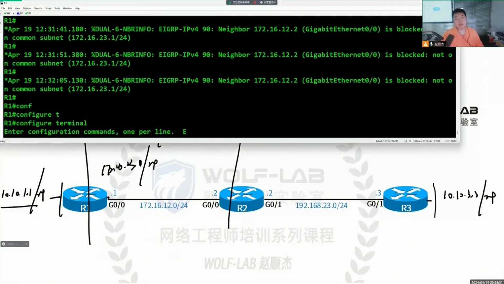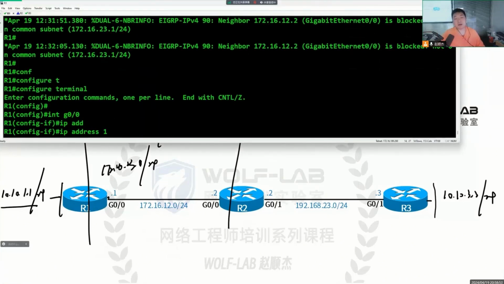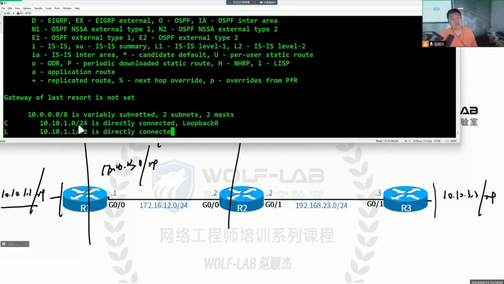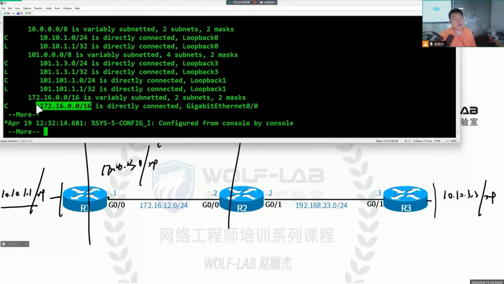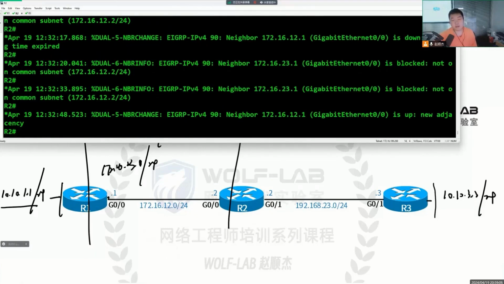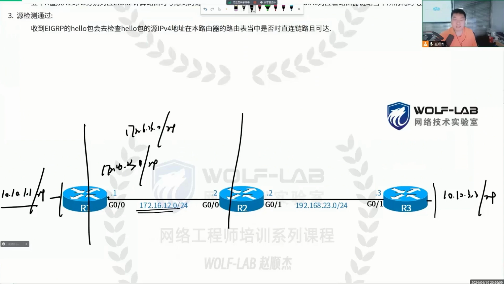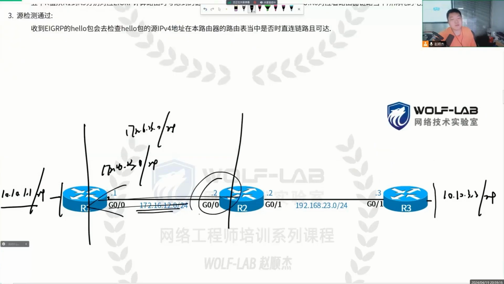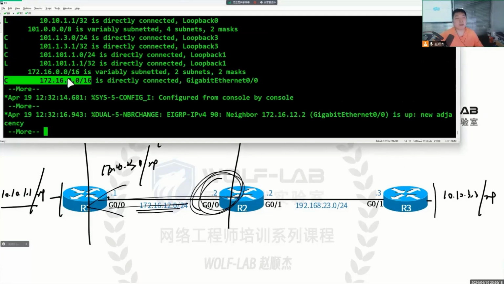Even if our two masks are not the same, it's possible. For example, we do this on our zero interface IP address, 172.16.12.1, 255.255.0.0. So what are we? We belong to the 172.16.0.0/16 network segment. Then R2 next door, that is 172.16.12.2/24.